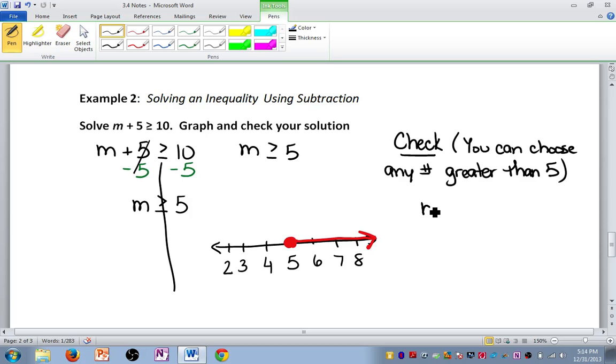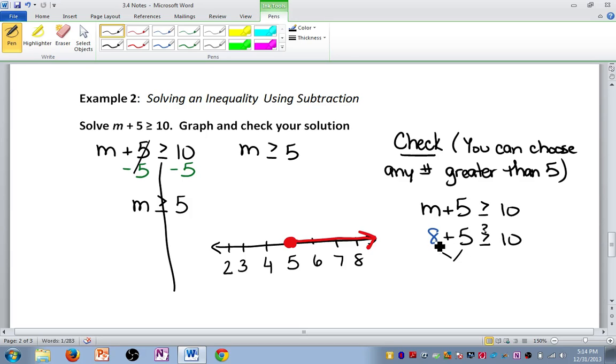So I'm going to rewrite my inequality. And if I can pick any number to represent m that is greater than 5, I'm just going to go with 8. And I'm going to say, okay, if I choose m as 8, I'm going to add that to 5. Is that going to give me a value that is greater than or equal to 10?